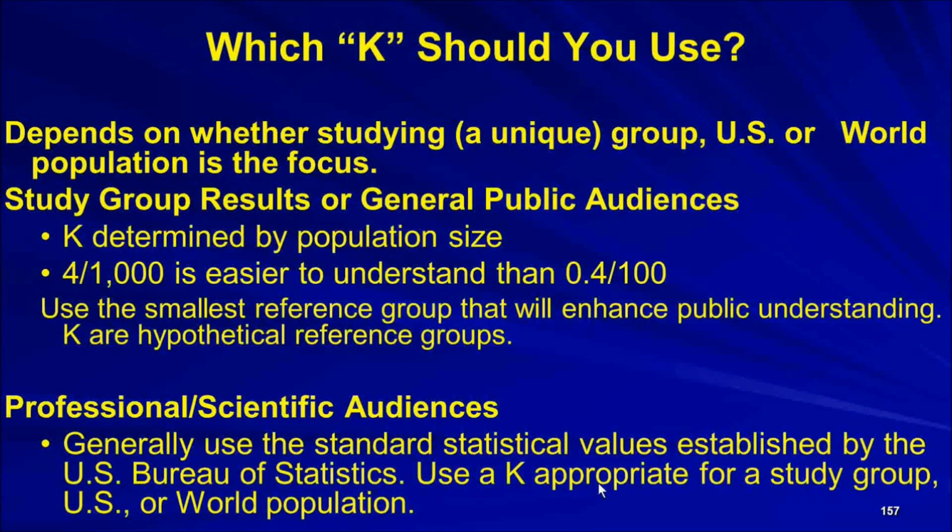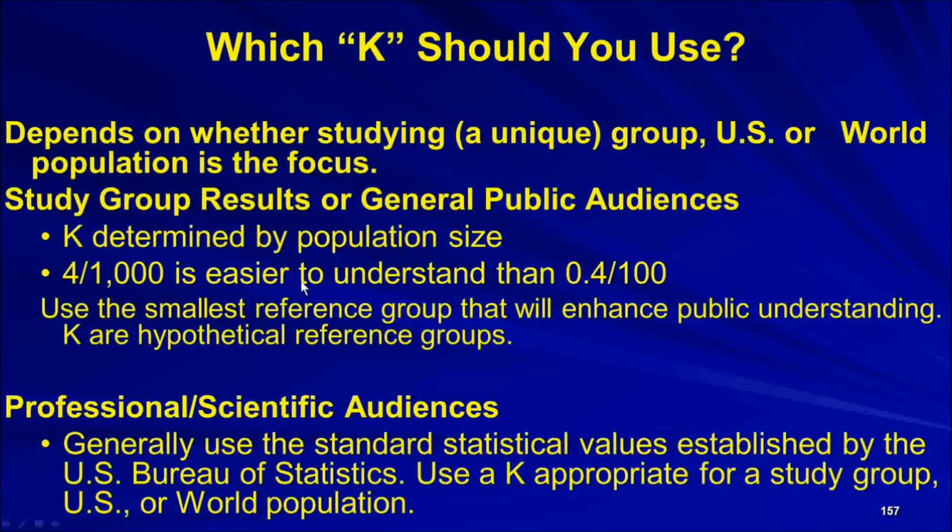Okay, now remember, these K's are hypothetical groups. These are hypothetical groups of 1,000 or a hypothetical group of 100. The reason why 1,000 is preferred is because we can change this from 0.4 of a person. Because remember, we want to deal in whole integers if possible.